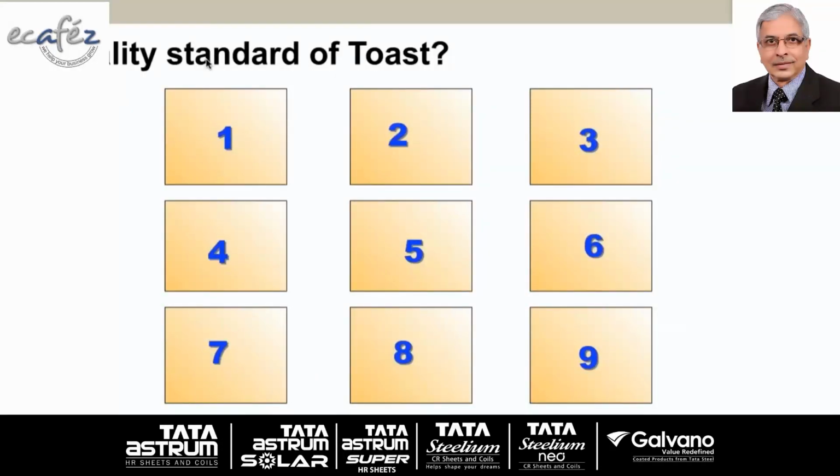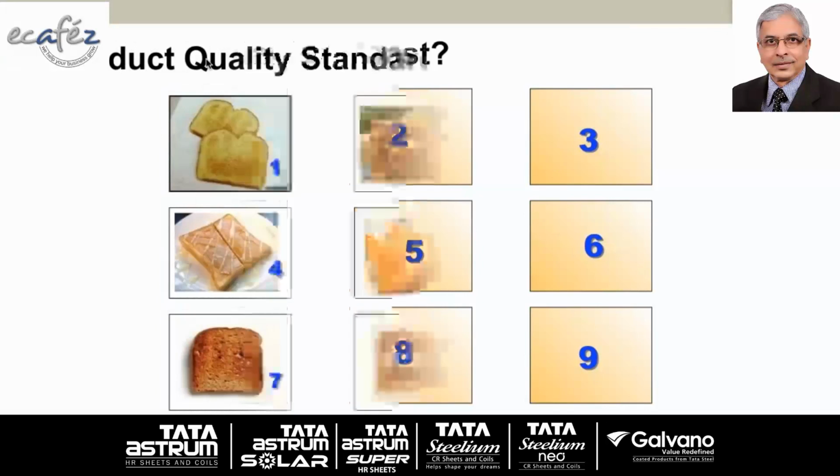But the main thing is that, especially in the case of toast, it's a very big challenge for the quality people to define how a good quality toast can be made. For that, you have to design an experiment and make a visual quality control technique to define it.